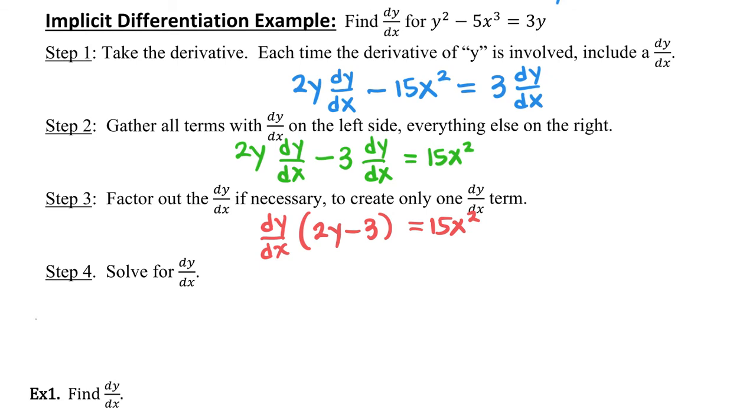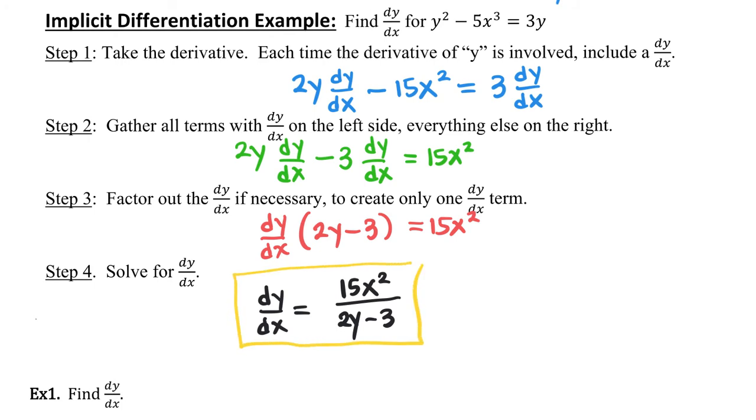Now the last step, I'm going to solve for dy dx because that's what I was actually trying to find. So dy dx equals, I'm going to divide both sides by 2y minus 3. So I get 15x to the second over 2y minus 3, and this is the derivative of y in terms of x.